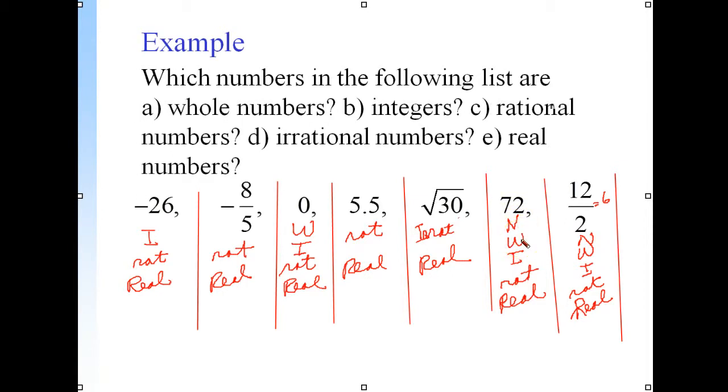This is whole, integer, rational, and real. And 12 over 2 is equal to 6. So it's a natural number, a whole number, an integer, rational, and real. So you'll be doing your practice and later your quiz me's, and that will be your challenge. Are you getting these right? Do you know your sets of numbers?